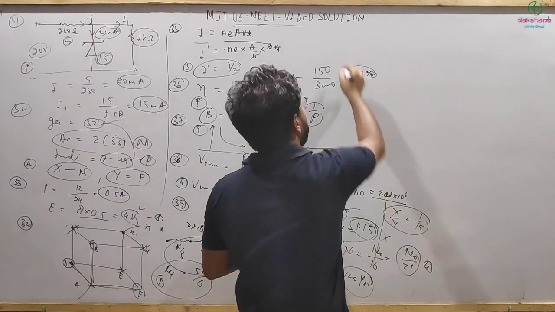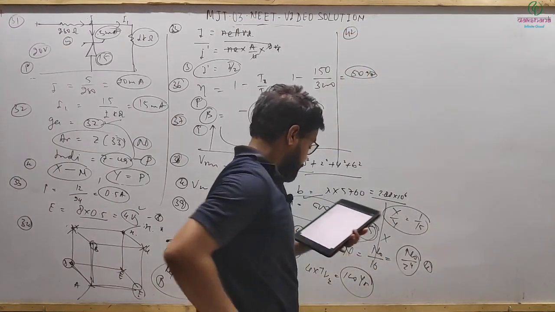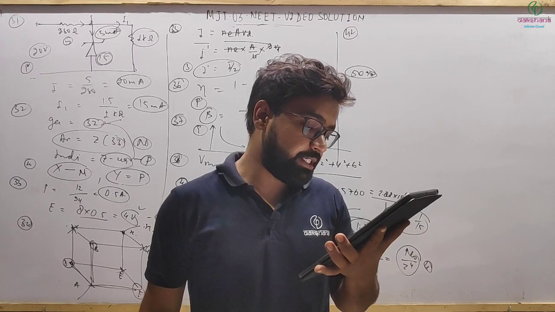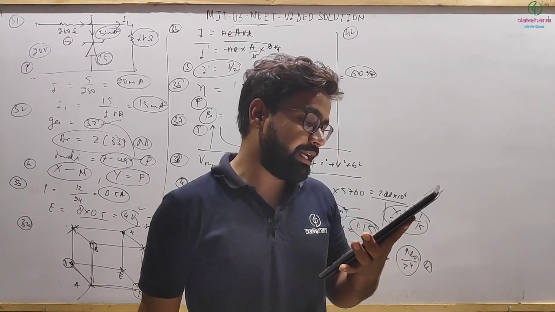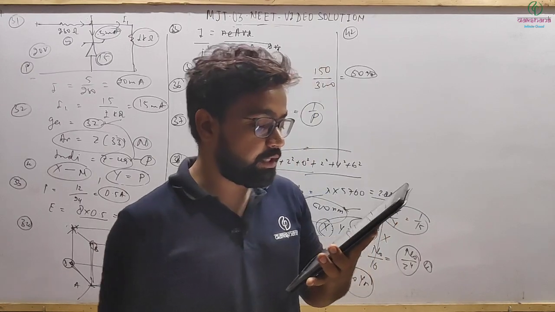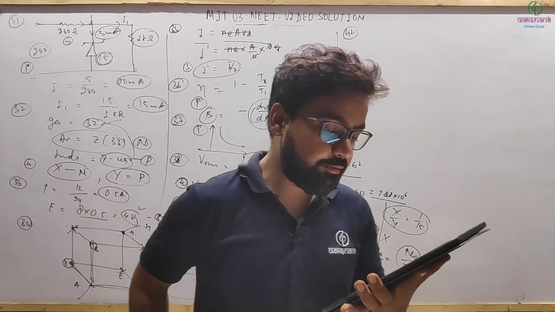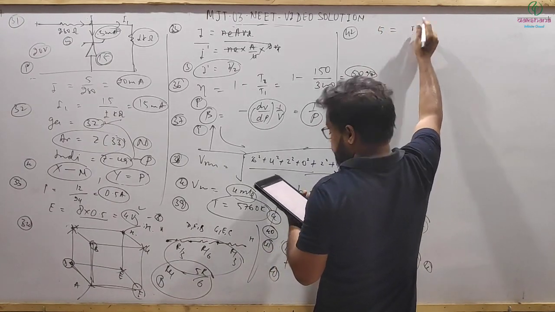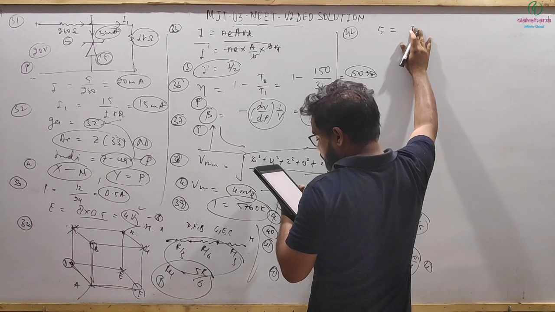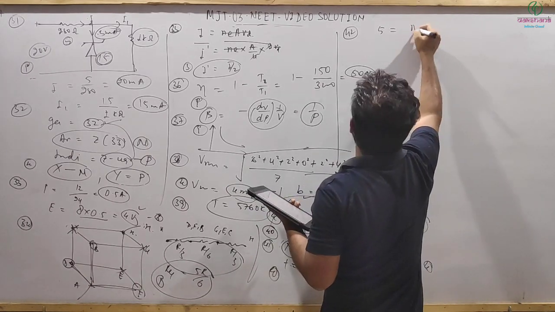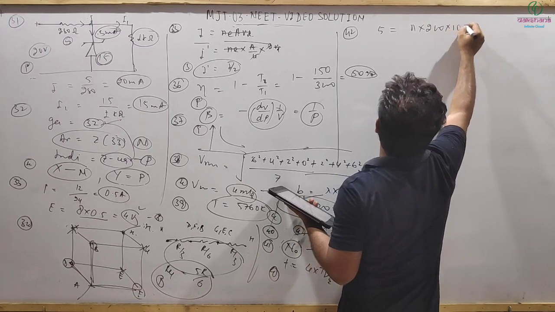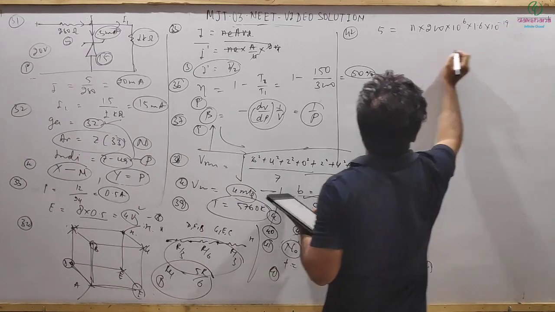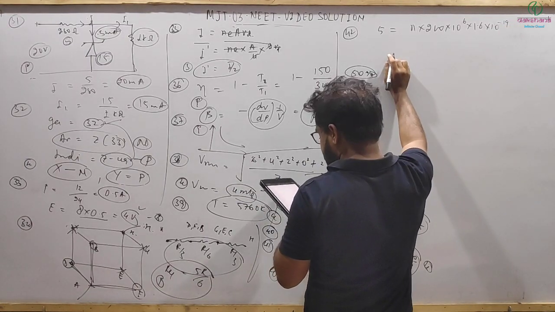Question number 42. Here, the energy released in the fission of a uranium-235 nucleus is 200 mega electron volt. Find the fission rate of a uranium-235 fuel reactor operating at a power of 5 watt. So 5 watt is equal to N times 200 into 10 to the power 6 electron volt into 1.6 into 10 to the power minus 19, per second.